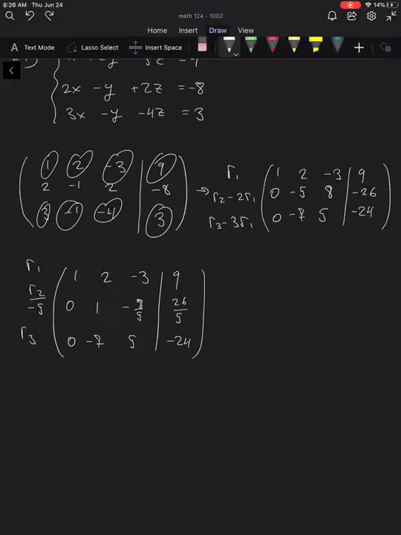What we can do then is take row 1 and subtract 2 row 2 from it, because then this would be 2 minus 2, which is 0. And then row 2 stays the same. And then for row 3, let's add 7 row 2 to it, because then we have minus 7 plus 7.